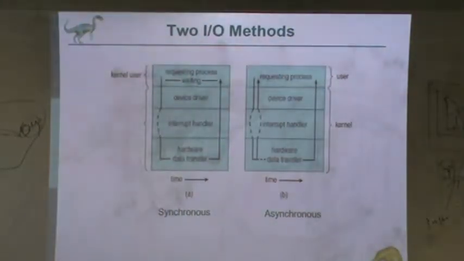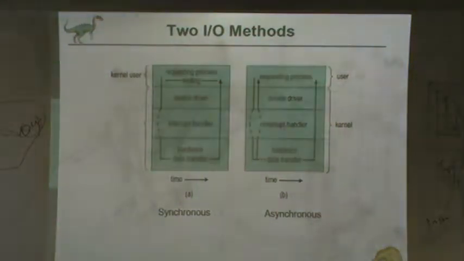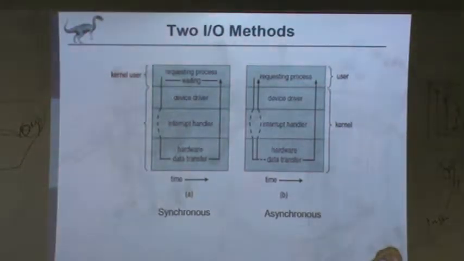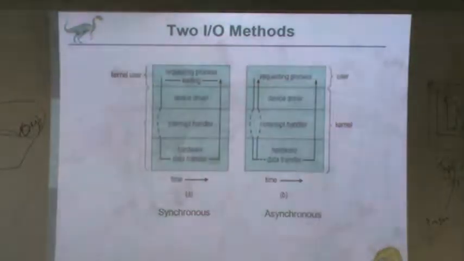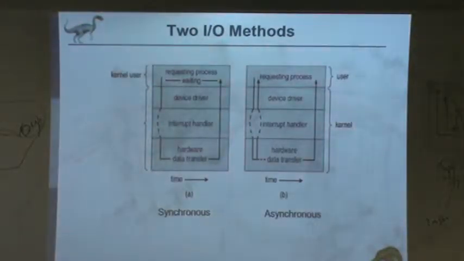This one is faster and higher performance, but you cannot guarantee the order, so you need to check the order of the data that you requested. Synchronous means you send the request and the processor needs to wait until the data is returned. On the other hand, with asynchronous, it doesn't matter. You just request, do other jobs, and keep requesting.